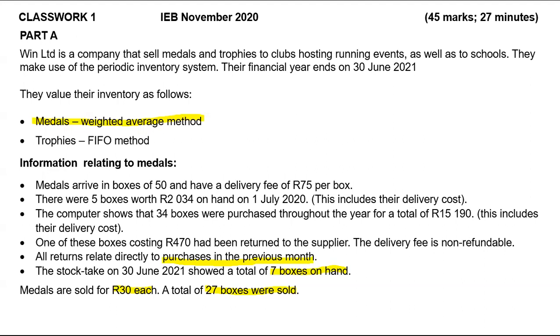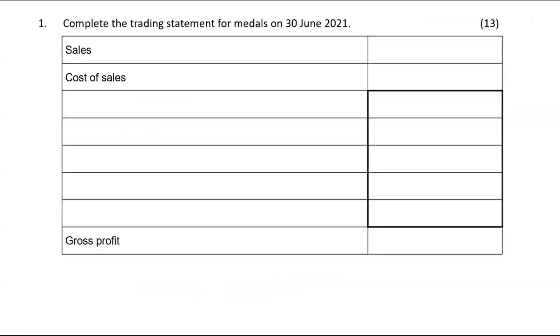So you will simply take 30 times 50 per medal, and then you times by 27 boxes, and that will simply give you the selling price of all the medals, which will be 40,500.